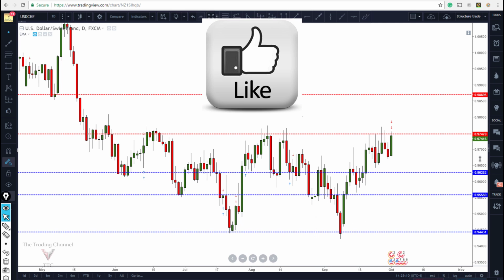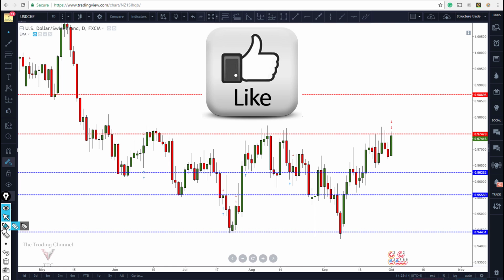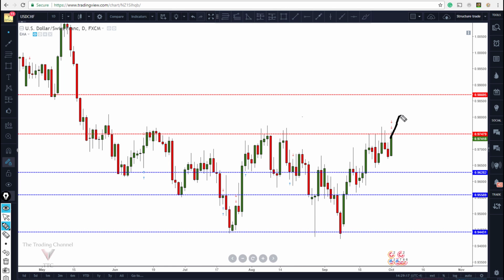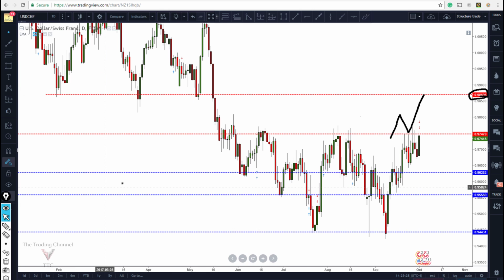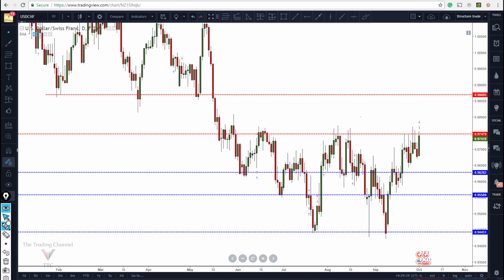For now, let's talk about the other levels of support and resistance we can pay attention to throughout the week here on the dollar Swiss. If we get a major move up out of this pair, then we can look for our next level of resistance around the 0.9869 level. This is a place the market found support many times in the past, and we can expect this level to possibly turn into resistance if the market gets up there to retest it once more.